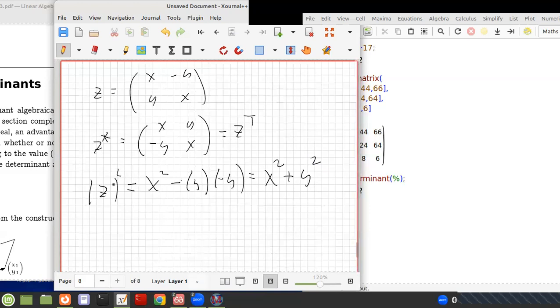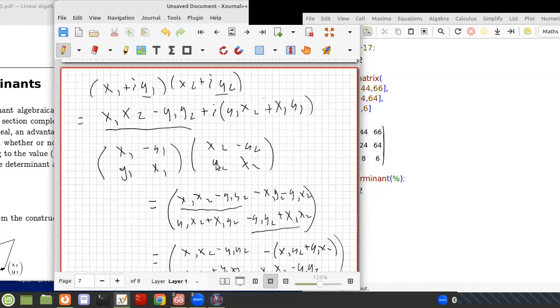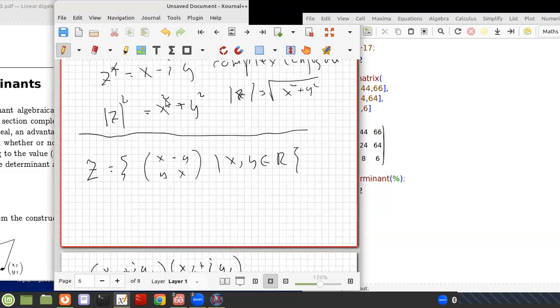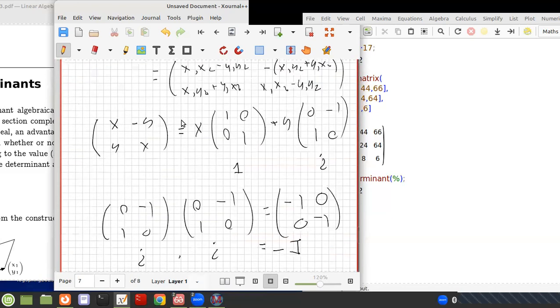So the determinant is the square of the magnitude, right? So you end up with both the transpose and the determinant working nicely with all the things you usually define with the complex numbers, where you just treat i as the square root of minus one.